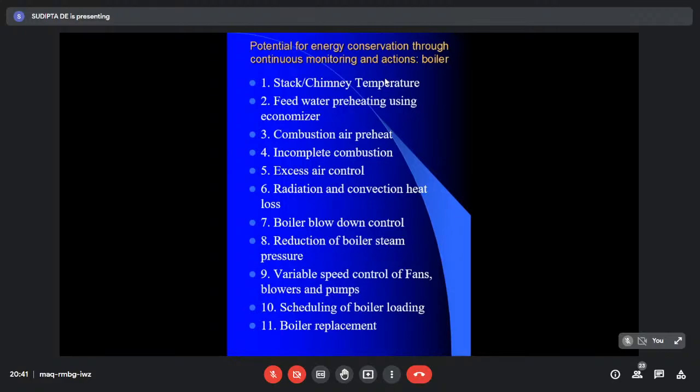This depends on complete stroke, incomplete combustion of the fuel.